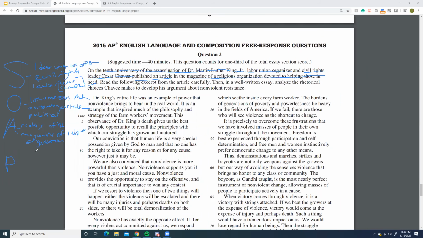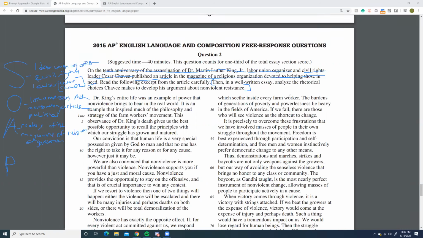All right, so the purpose. The purpose is pretty much always given in the last sentence. It gives you the author's purpose, and why he or she made the speech.